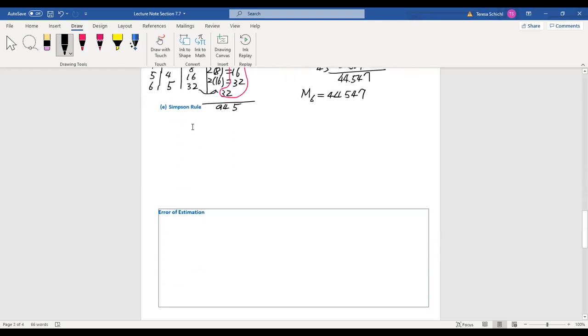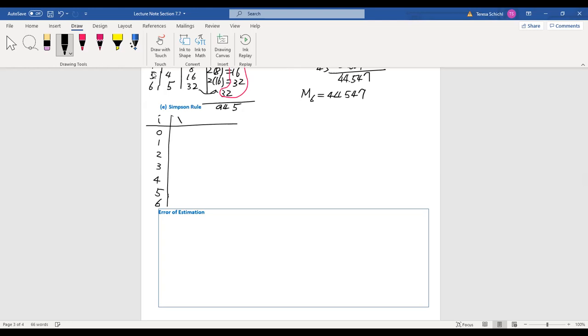Okay, so now let's take a look at the Simpson's here. This one here is the one we're not familiar with, right? So now let's do the same way here. Because I'm going to use the first one, I'm starting here, 0, 1, 2, 3, 4, 5, 6, right? 6 intervals.